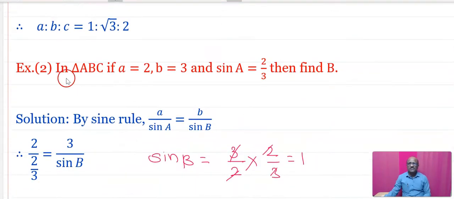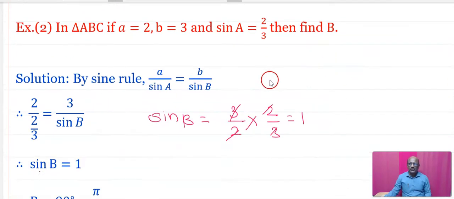And next is example number 2. In triangle ABC, if a is equal to 2, b is equal to 3 and sine A is equal to 2 upon 3, then find B. Now here the solution.